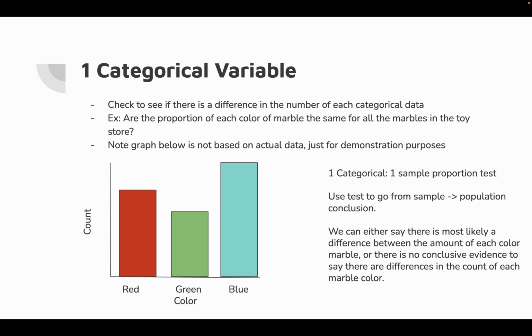When we have one categorical variable, we use a one sample proportion test. Using some analytical tests, we can go from sample data to make population conclusions. Using the one sample proportion test, we can either say there's most likely a difference between the amounts of each marble, or there's no conclusive evidence to say that there are differences in the proportion of each marble color.